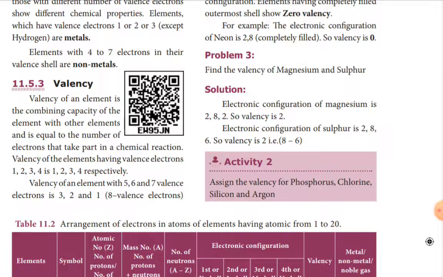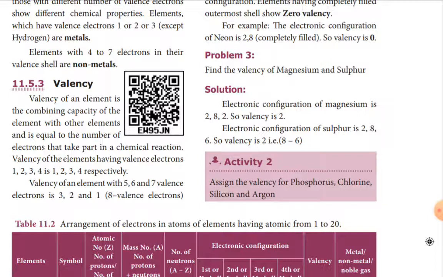But in the case of elements having 5, 6, 7 valence electrons, we have to subtract these from 8, the octet structure. 8 is the octet structure that gives a stable configuration. So 5 valence electrons means 8 minus 5, 3, and that 3 is the valency.